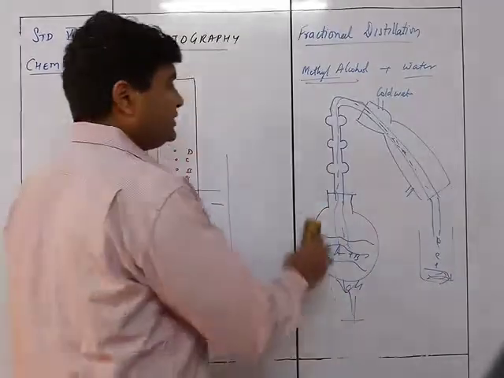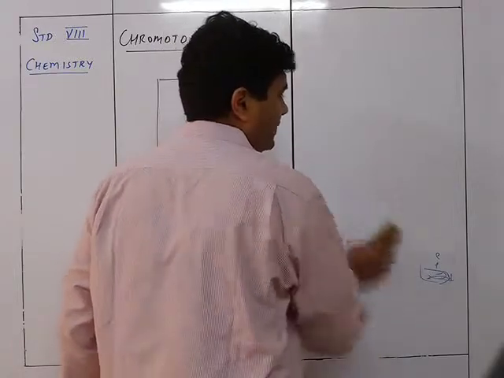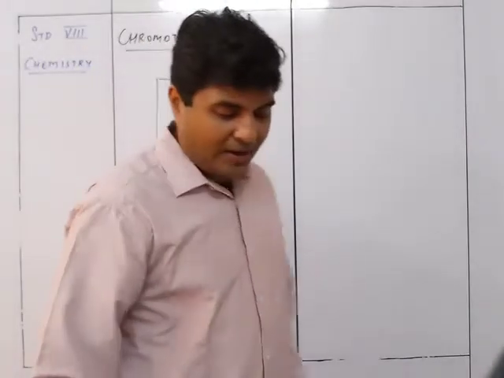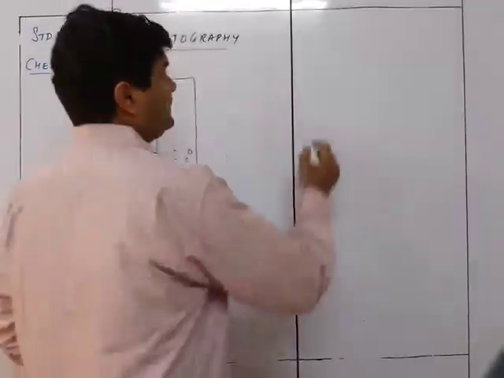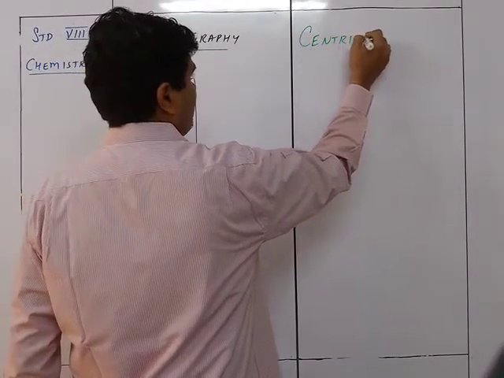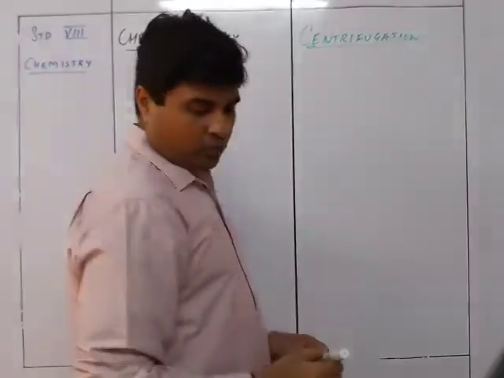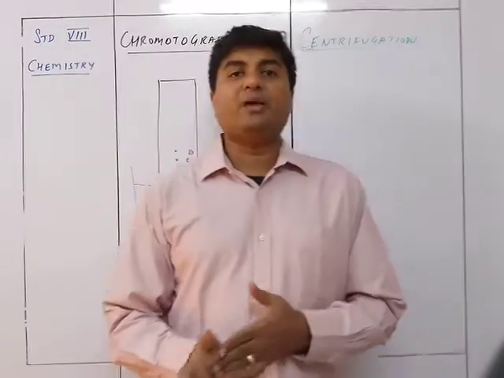The next one is when you have to separate a heavier part from a lighter part. When a mixture is such that one is a denser part and the other is a less dense part, then you use something which is called centrifugation. In centrifugation, it is like separating the milk from the cream.